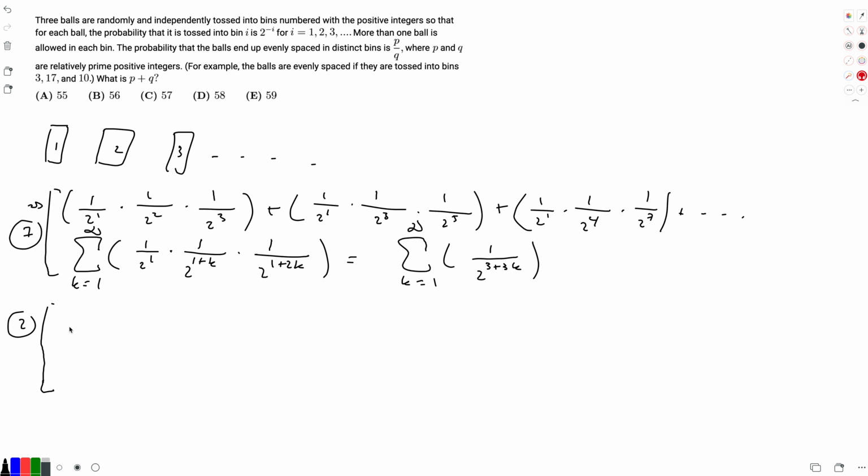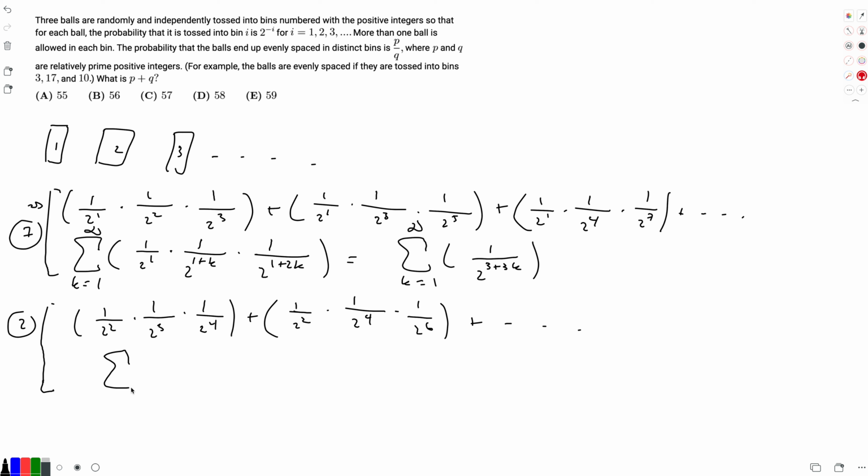So if we drop a ball into bin 2, we get 1 by 2 squared, and we can also drop it into 3 and 4. We could also go 4, and then we must drop it in 6, and so on. Okay, so now generalizing this, we get summation. This is actually very similar, and then we can easily make a general argument from this.